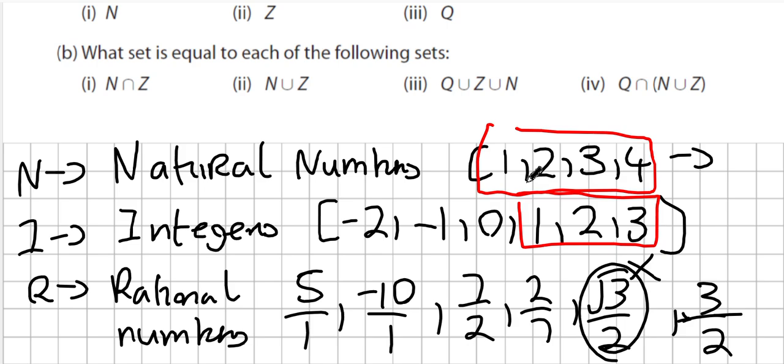Does that make sense? Natural numbers has the smallest amount of numbers because it's only the positive numbers. Integers has the negative and the positive numbers. So all of the natural numbers will fit inside of the integers. But in turn, all the integers will fit inside of the rational numbers.